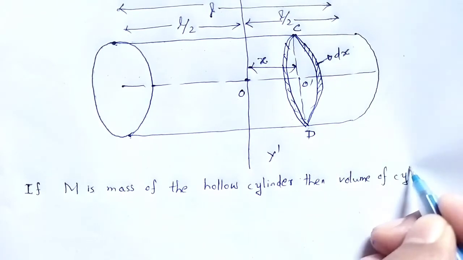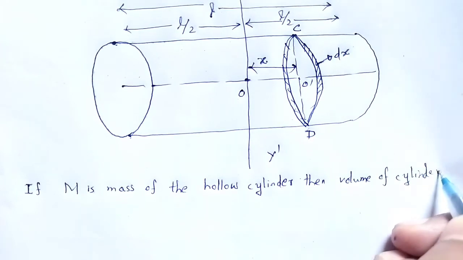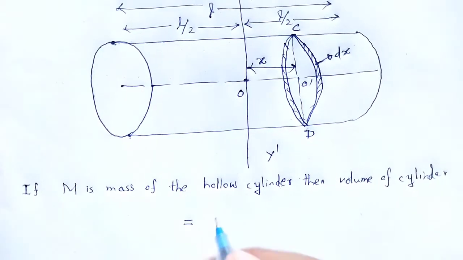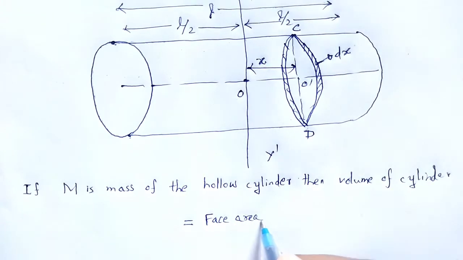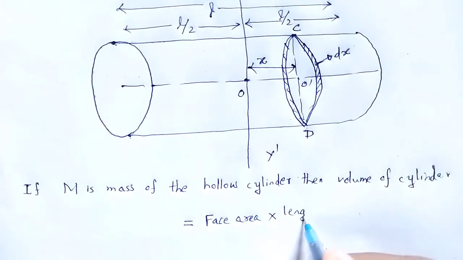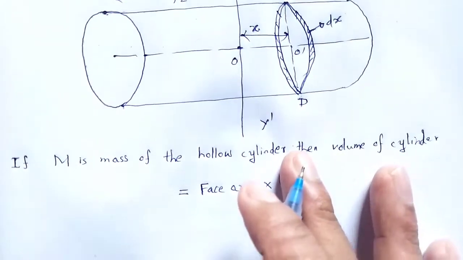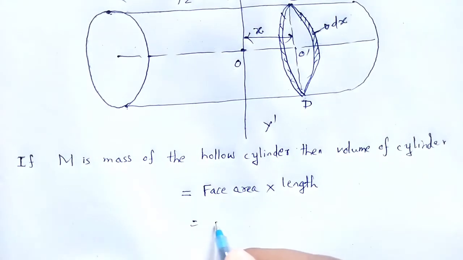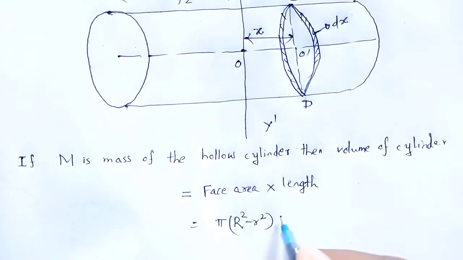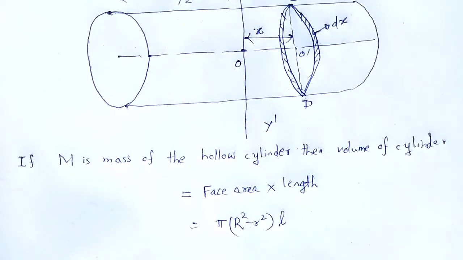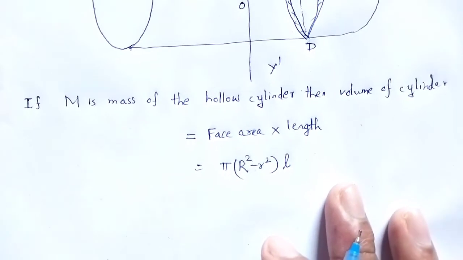the volume of the cylinder will be how much? That is face area into length. Face area is pi (R square minus r square), length is small l.